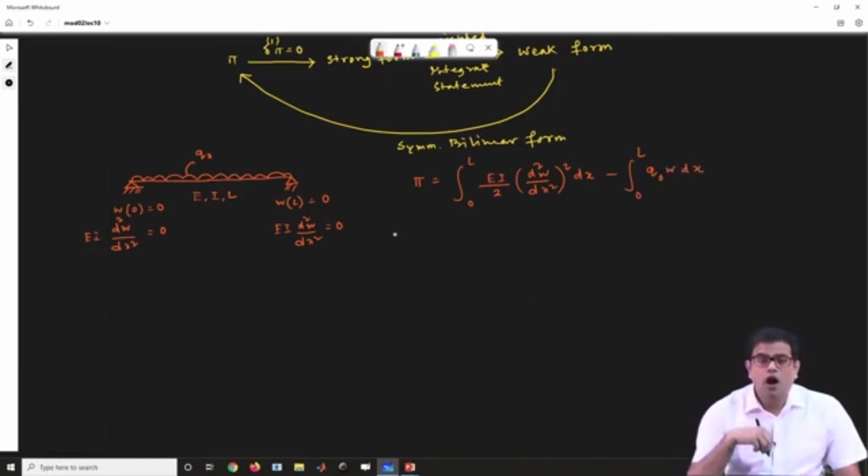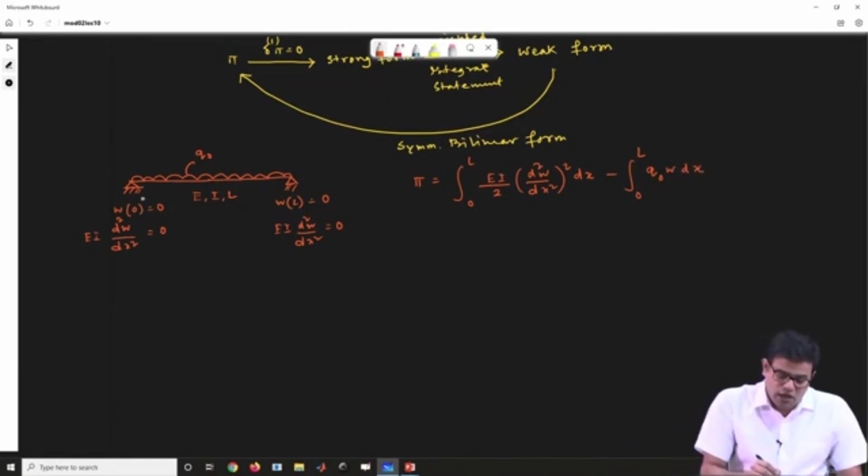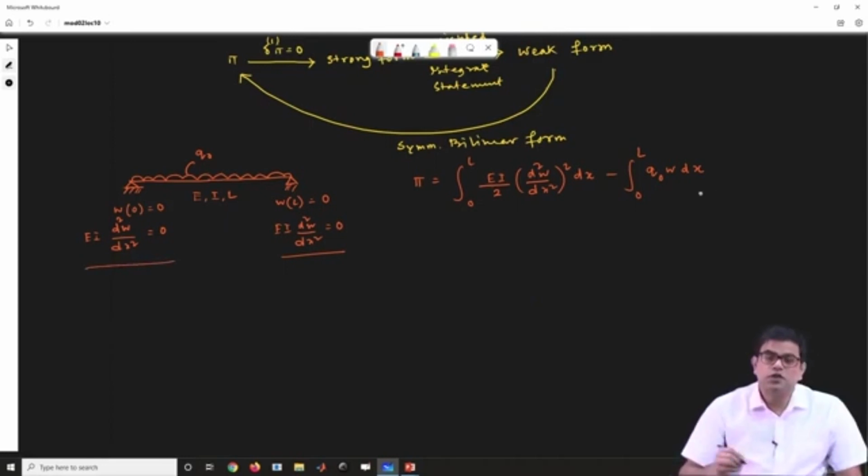There is no boundary term here because these forcing terms are homogeneous. So this is the potential energy.